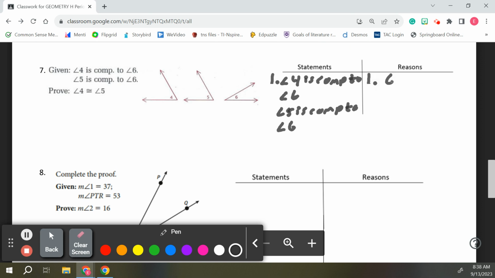That is what is given to me. They want us to prove that 4 and 5 are congruent, that's the goal. But I have this little middle one that says this is complementary to this is complementary to this. Do I have enough information to prove that those two are congruent? Yeah, by what? Go ahead.